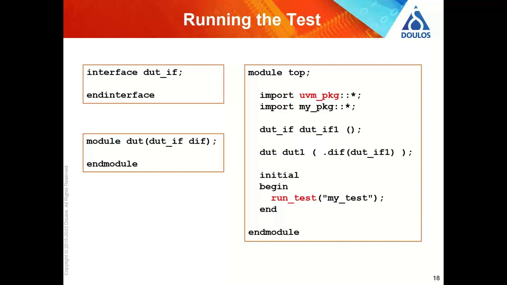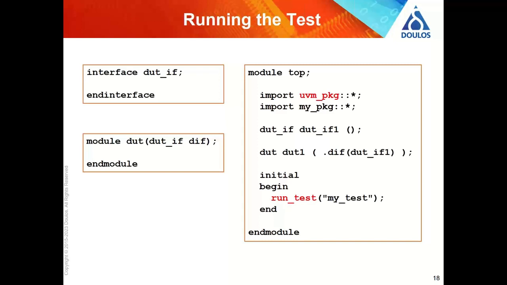Going back to our modules, we've got our DUT, the interface, and in our top level module, we're now importing the UVM package and the package we just created. As well as the device under test and the interface, we've added an initial block. This initial block is what's going to create the UVM environment.